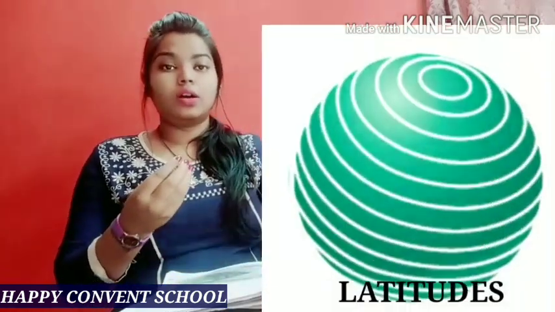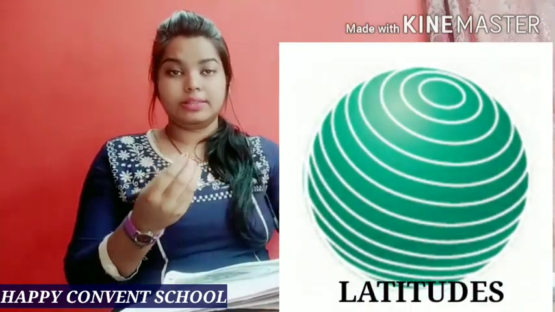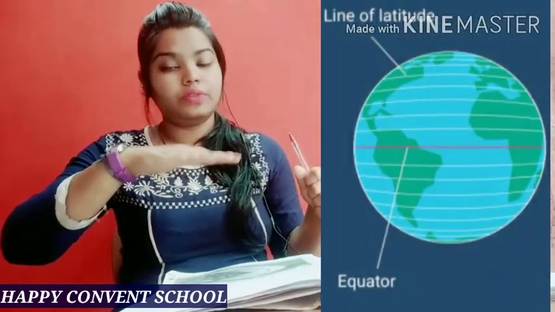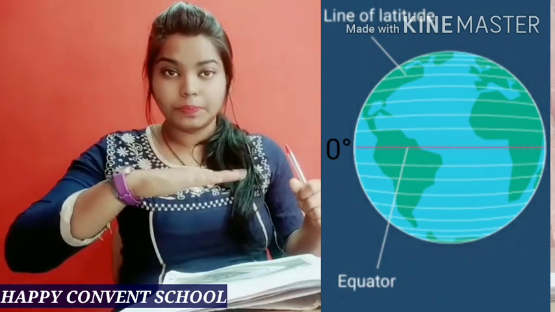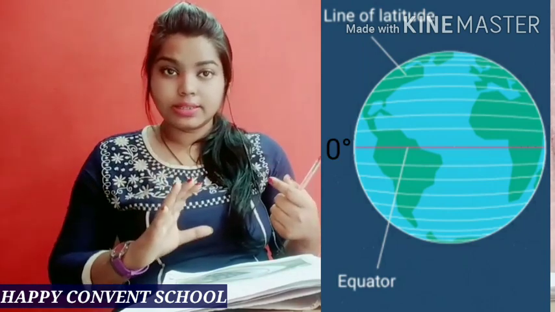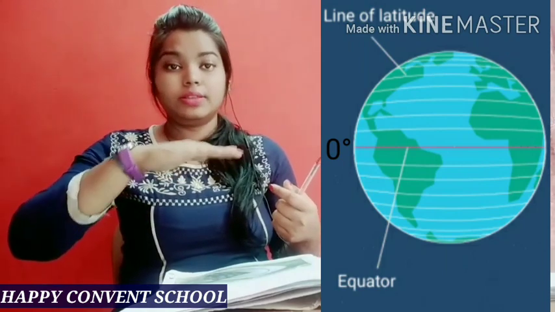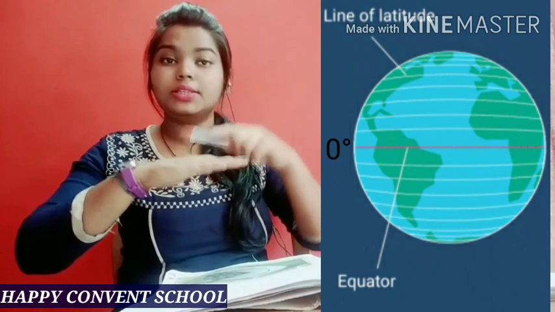All these horizontal lines make a complete circle. The imaginary circle which is present at the center of the globe is marked as 0 degree. There are so many horizontal circles, and the circle present in the middle, in the center of the globe, is marked as 0 degree.